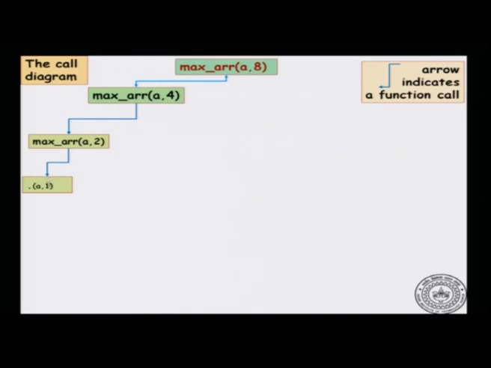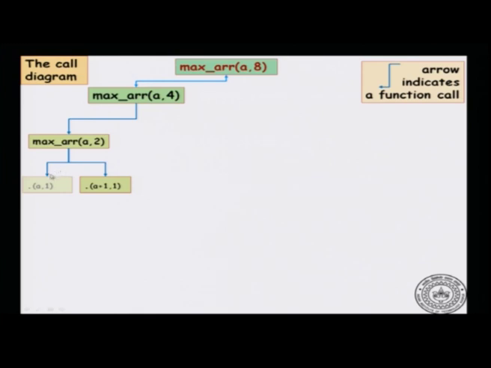Now, once you have solved this, suppose this is a base case. It contains only one element, so the only element is the maximum. So, it returns that value to max array A comma 2. That is one of the sub problems for max array A comma 2. Now this max array A comma 2 calls the second sub problem that it has, which is max array A plus 1 comma 1. Again, it is a base case, it contains only one element, and that single element is the greatest element in that.